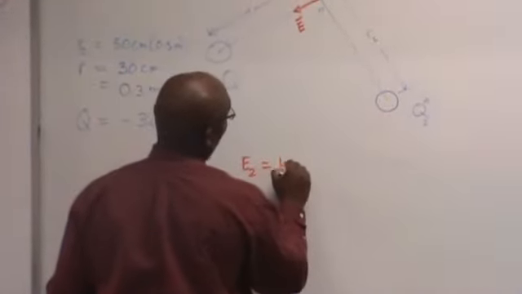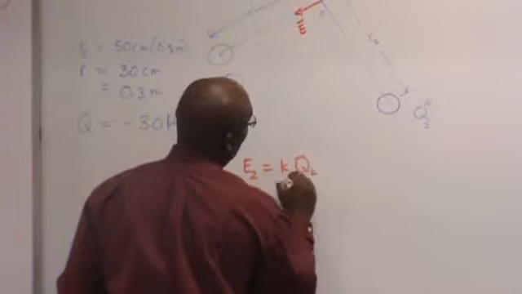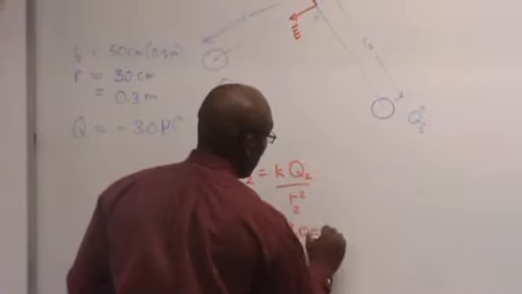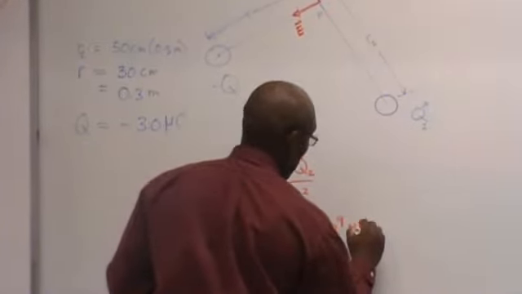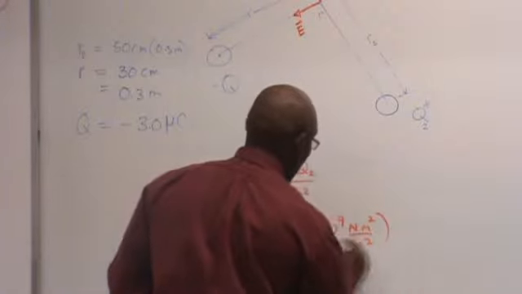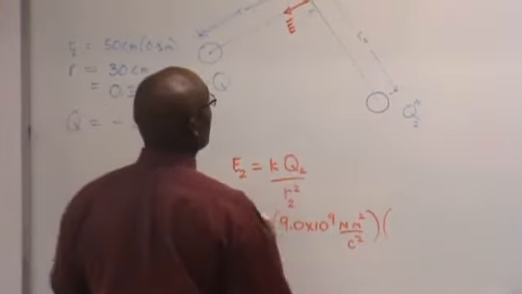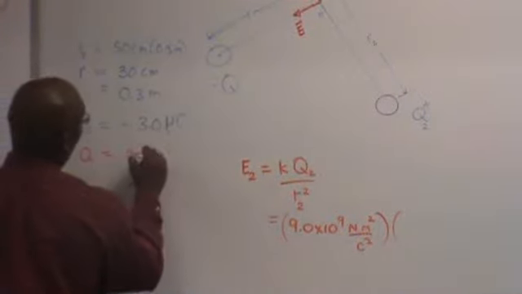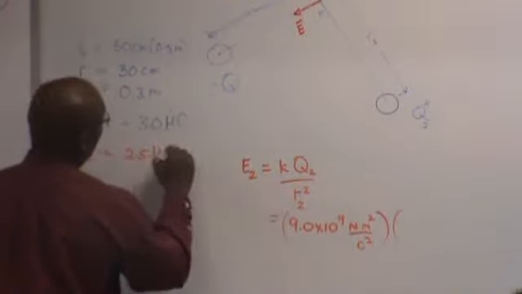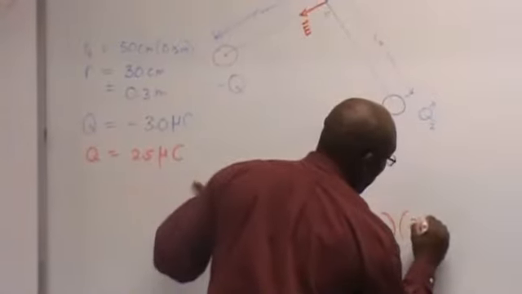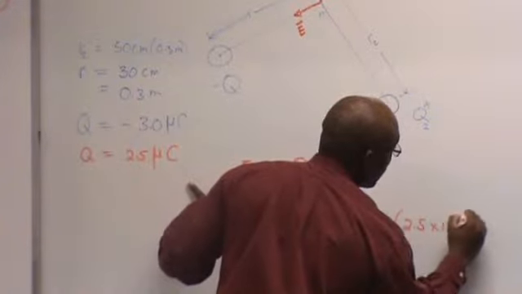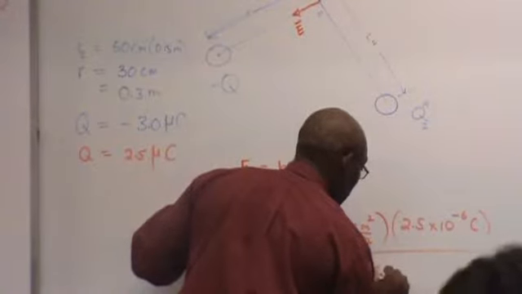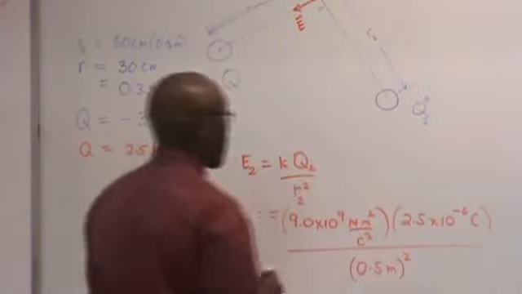E2 equals kQ2 over R2 square, 9.0 times 10 to the 9 Newton meter square, coulomb square, times the magnitude of this charge. Let's say the magnitude of this charge is 2.5 microcoulombs. So 2.5 times 10 to the negative 6. Divided by 0.5 meter square.